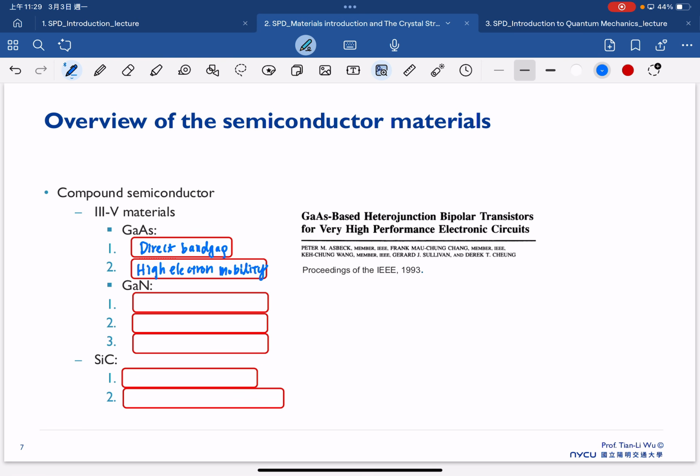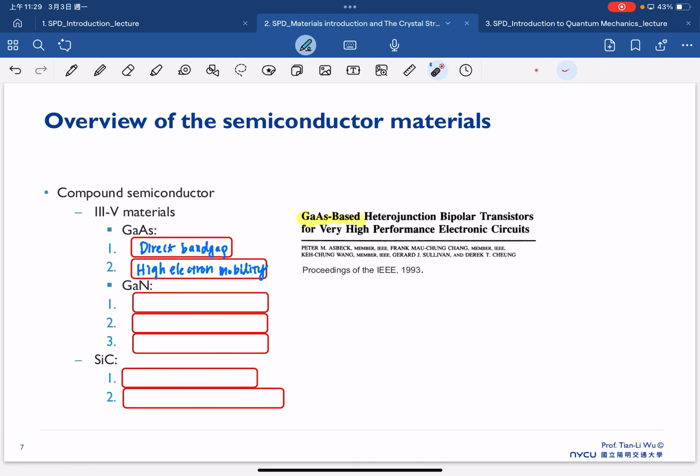This is one piece of literature, just to show an example of research work over a really long time that then became the product we use in our daily life. The title is gallium arsenide based heterojunction bipolar transistor for very high performance electronic circuit.